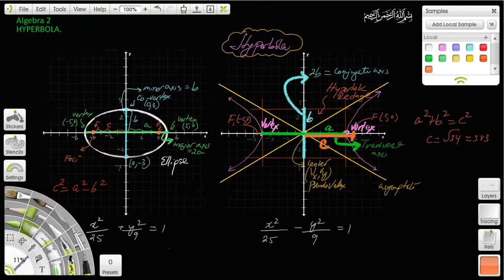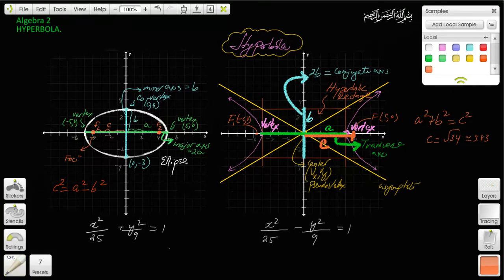So let's just review this, and we shall elaborate on this inshallah next time. Let's review what we learned. We compared our understanding of hyperbolas to ellipses. An ellipse has a major axis and a minor axis, and the two vertices of the ellipse are always located on the major axis, and the two co-vertices are on the minor axis.